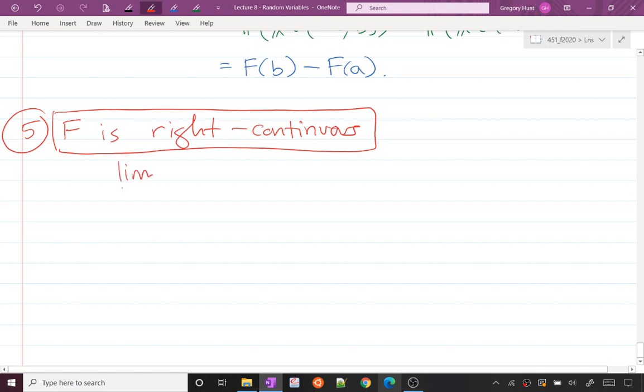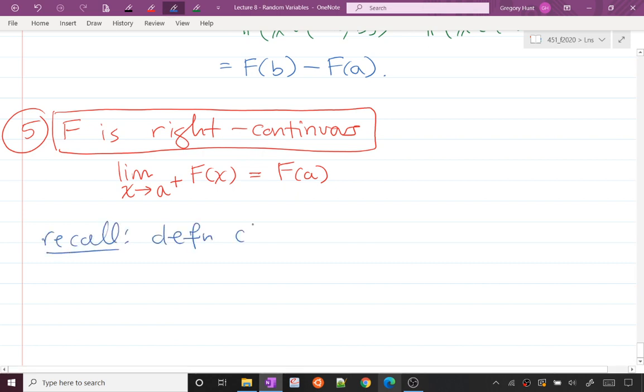It means if I look at the limit of F of x as x goes to a from the right, this is always equal to F of a. Recall that our definition of a continuous function f is that the limit as x goes to a is always equal to f of a.